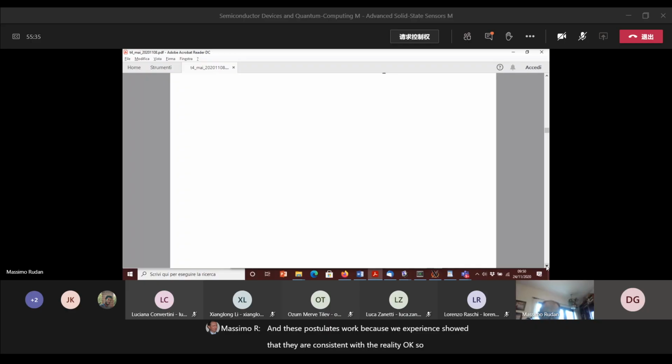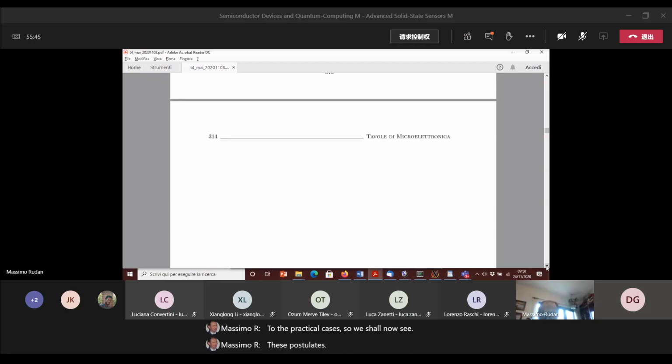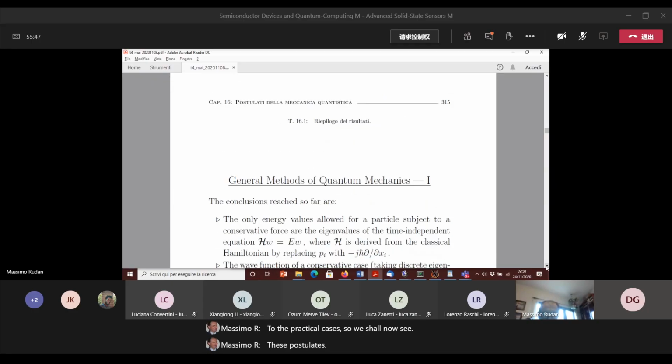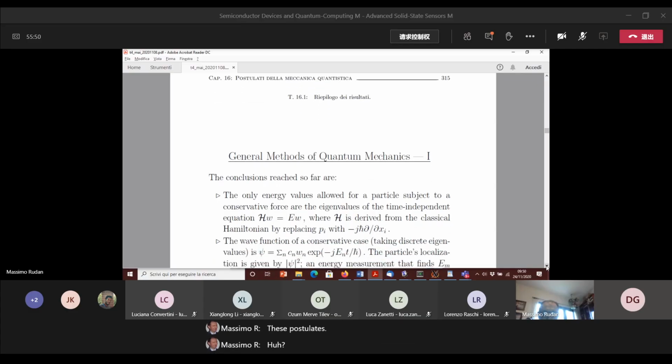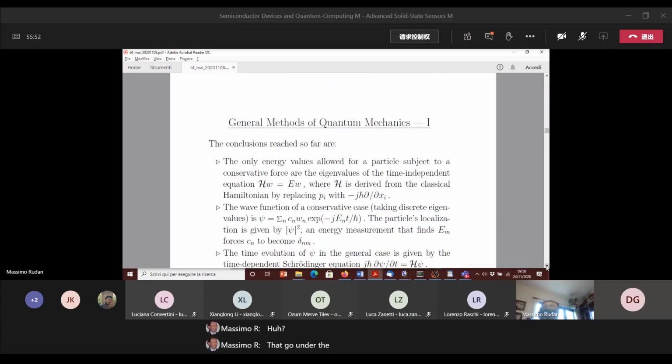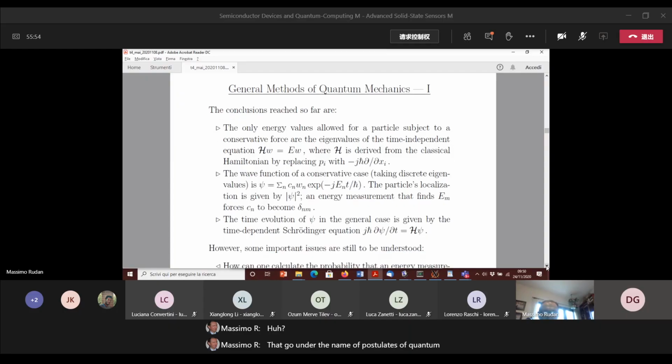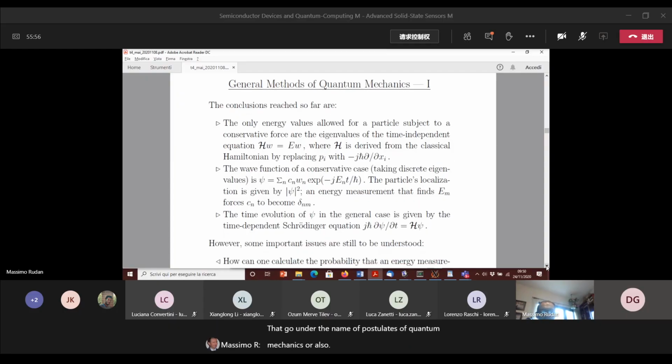Okay, so they are applicable to the practical cases. So we shall now see these postulates that go under the name of postulates of quantum mechanics, or also general methods of quantum mechanics.